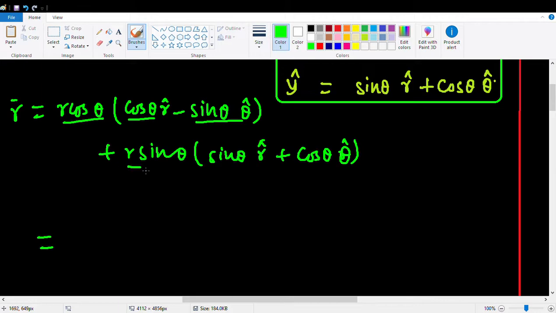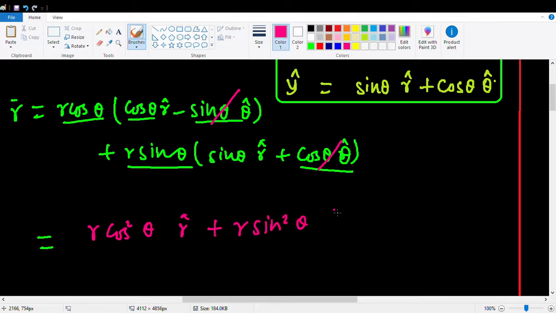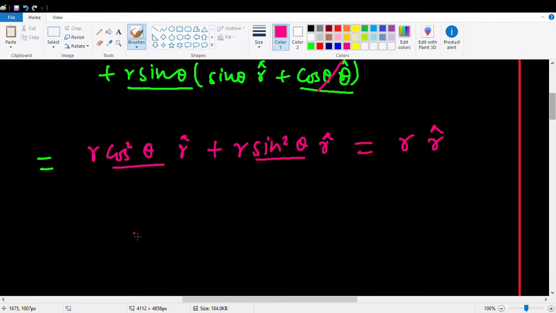Now here you can see that r sin theta and cos theta appear with the same thing, so these will cancel each other out. Now I am left with r cos square theta r hat and r sin square theta r hat. So now we can take r hat common, and then we are left with cos square theta plus sin square theta, which gives 1, and I am left with this one. So I have shown you that I can write the r vector in terms of the polar coordinate system like this.